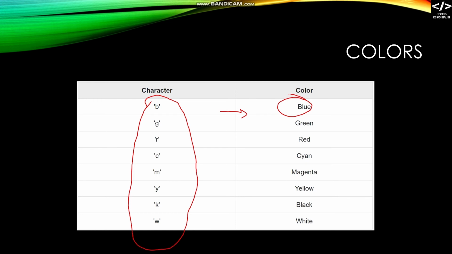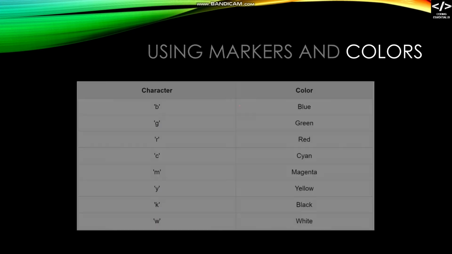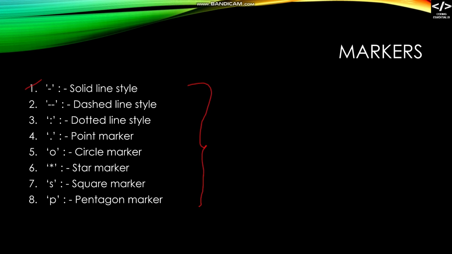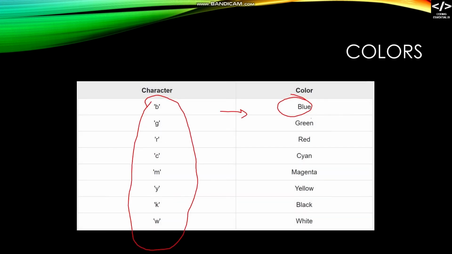Now let us see a program using markers and colors changed. The program is one and the same, but when you write plt.plot(x, y), you will add another argument, comma, 'o' and 'b'. So let us go back to markers. 'o' is the circle marker, and 'g' is green.